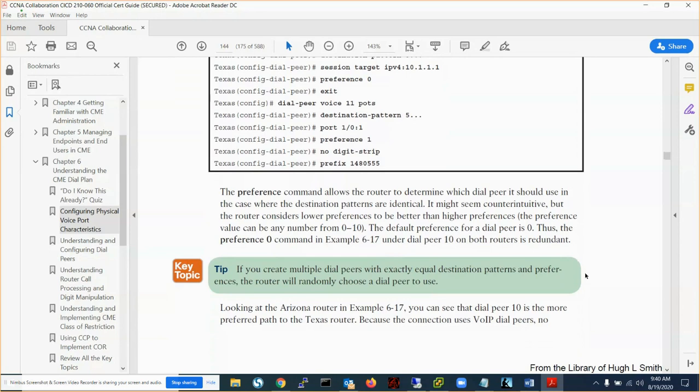If you create multiple dial peers with the exact same preference, and you don't put in preference 1 under the command for it to go over the PSTN, the router will say, both of them are preference 0 by default. One time I will send it over the IP, next time I'll send it over the PSTN, in a round robin way. And you don't want that, so you put in your preference command.